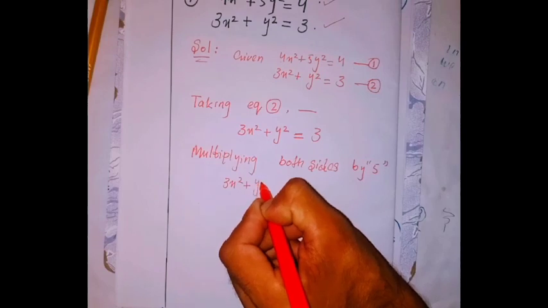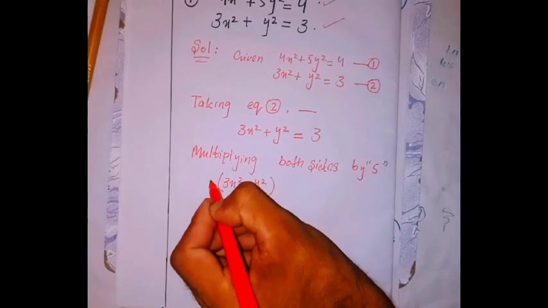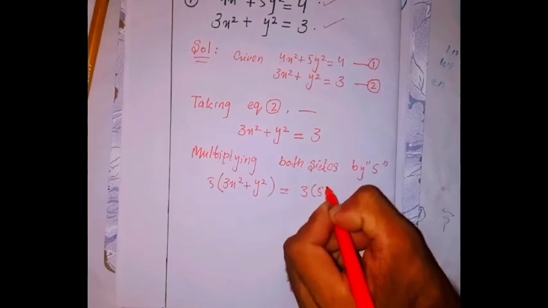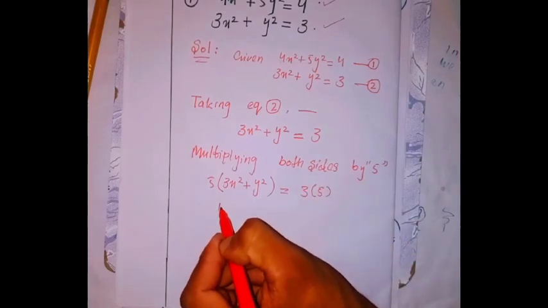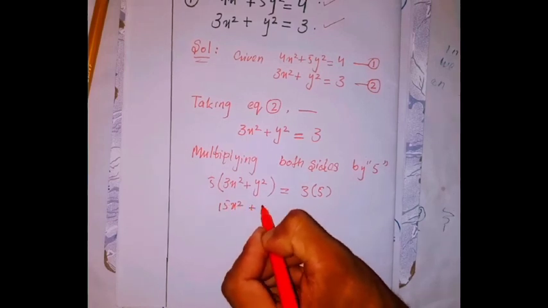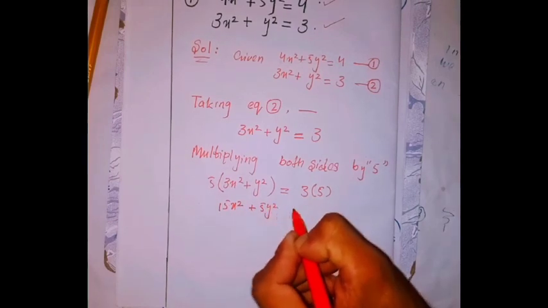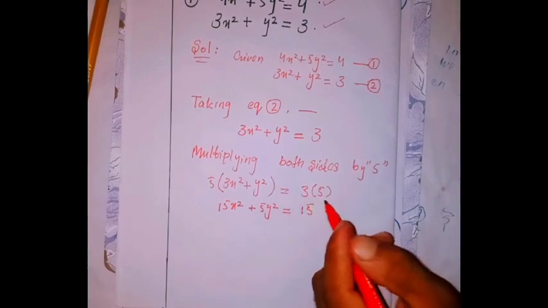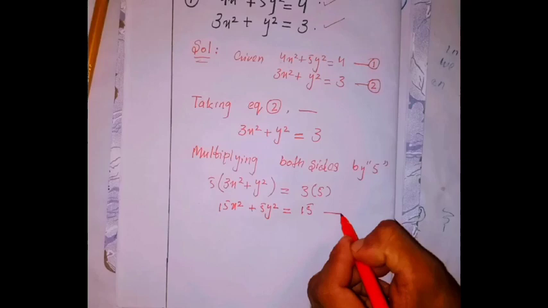So 3x square plus y square multiplied by 5 is equal to 3 into 5. 3 multiplied by 5. So from here we get 15x square plus 5y square is equal to 15. It's equation number 3.